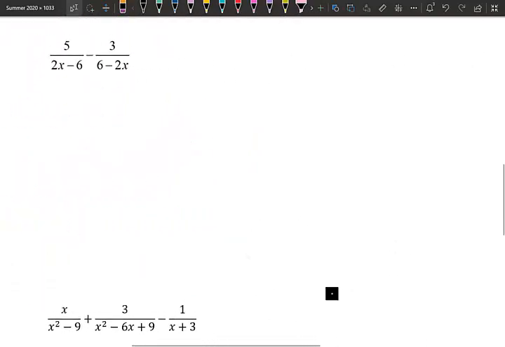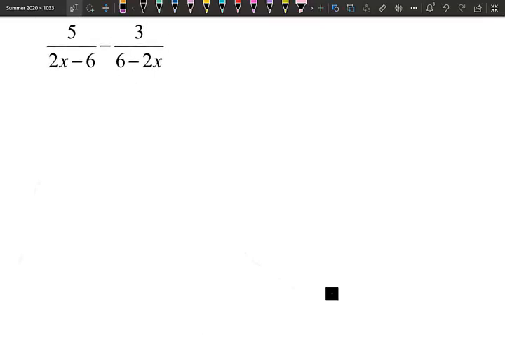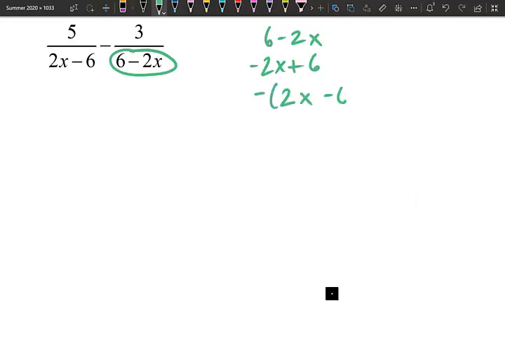Alrighty. We need our common denominator. So we're not going to multiply these ones together because this is that same weird one, it's identical. So remember, this is the one where we switch the weird looking one around. So we have negative 2x plus 6. We take the negative out. We'll have 2x minus 6.